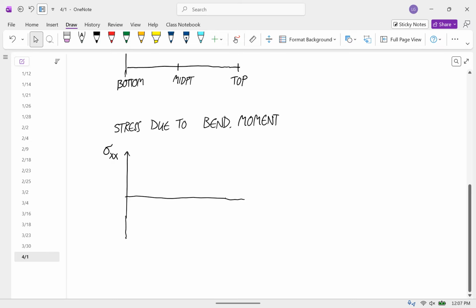Again, this is the bottom of the cross section, this is the midpoint, and this is the top. So what happens to the XX stress as you move around the cross section?